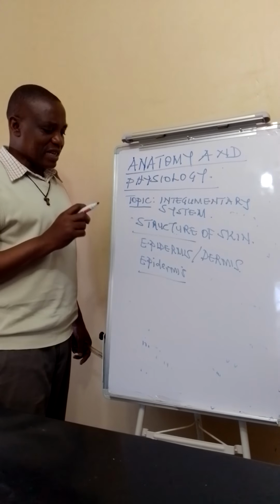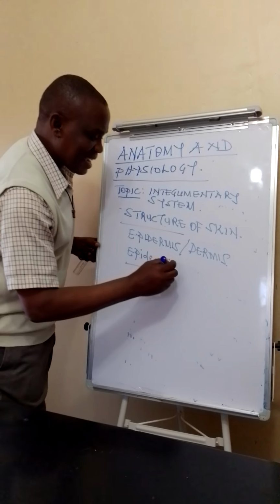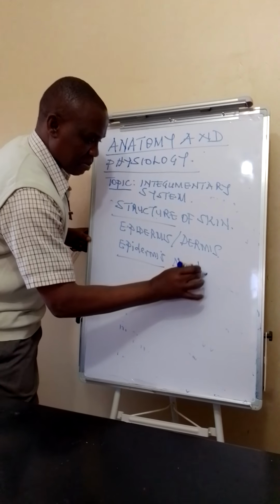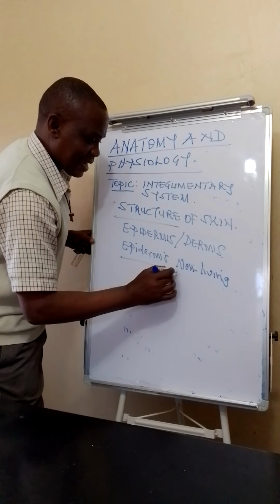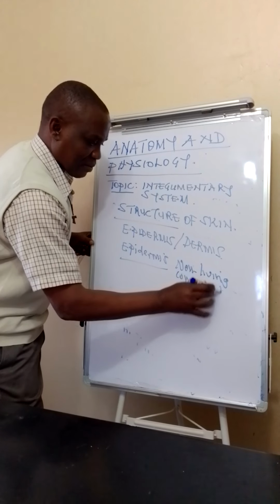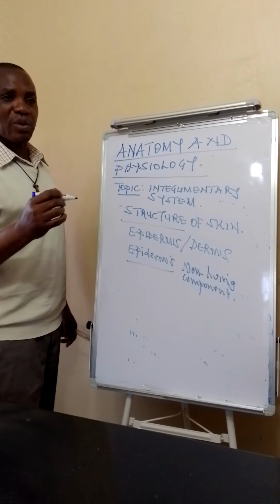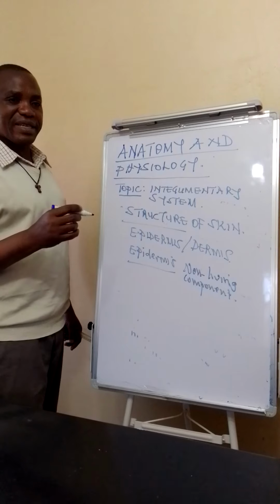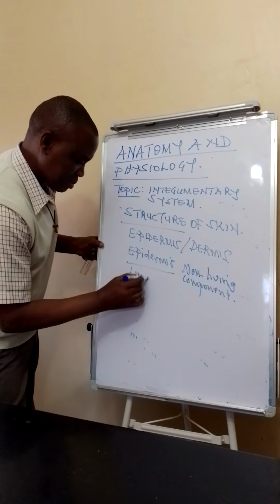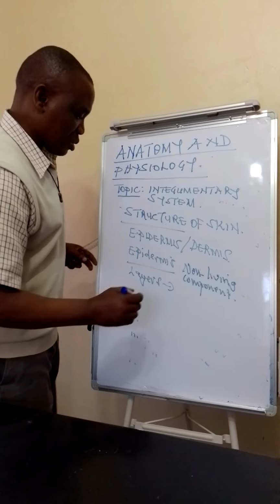But this epidermis is sometimes referred to as the non-living component of the skin. Even if it is 1 millimeter thick, you find that it is made up of layers. And these layers are what we call strata.